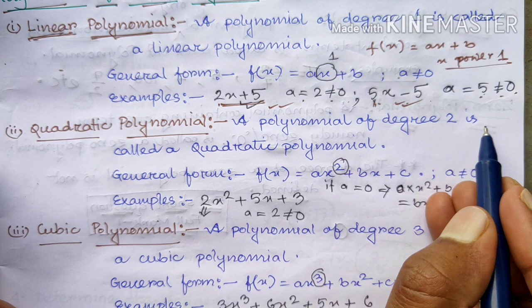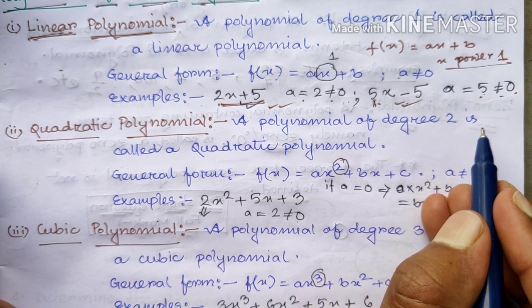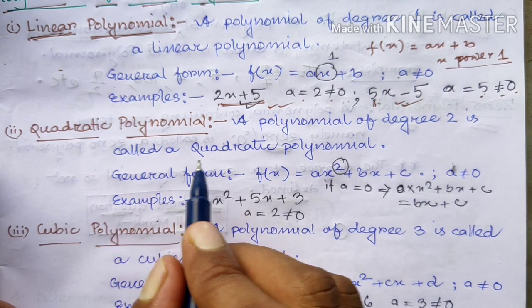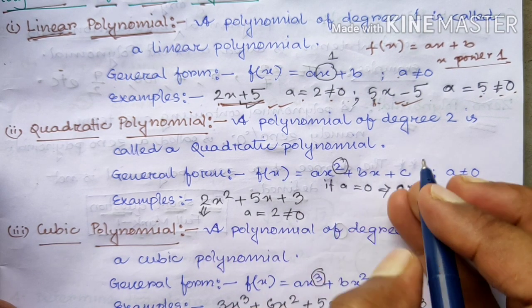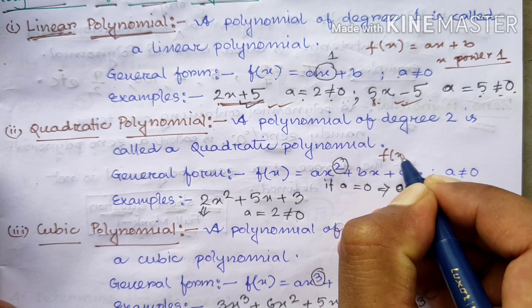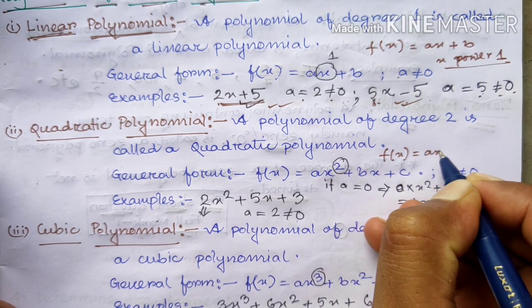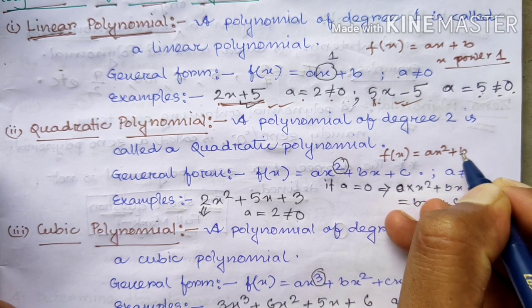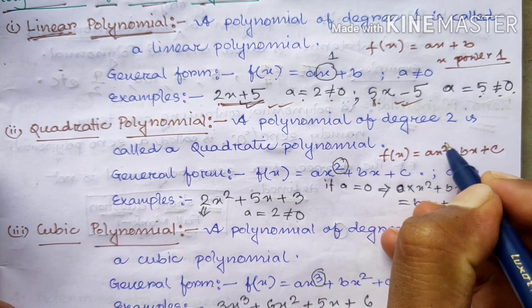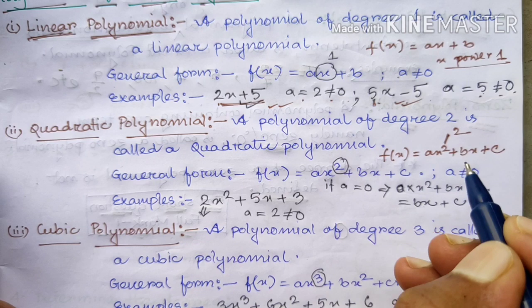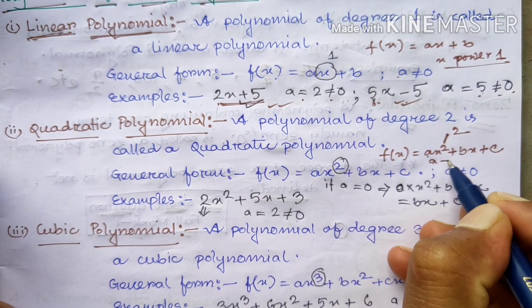Quadratic polynomial. A polynomial of degree 2 is called a quadratic polynomial. I mean the highest power of the variable must be 2. General form, f(x) = ax square + bx + c, and a must be not equal to 0.